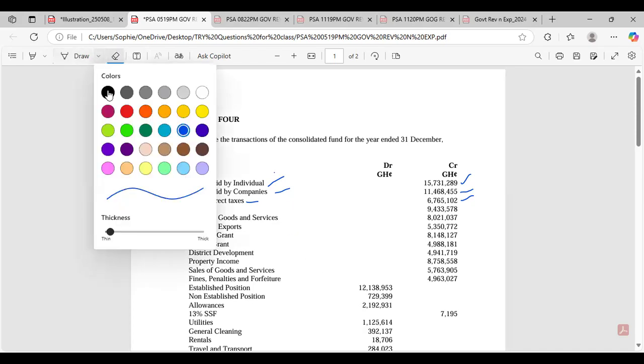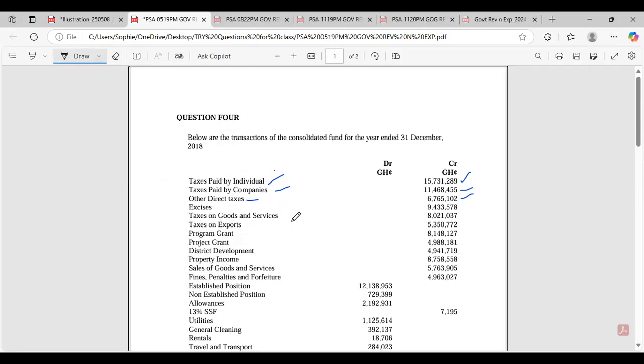We have district development, property income. So look at this. What can you say about this one from here up to here? 1, 2, 3. These are indirect taxes. Have you seen that? Yes, sir.